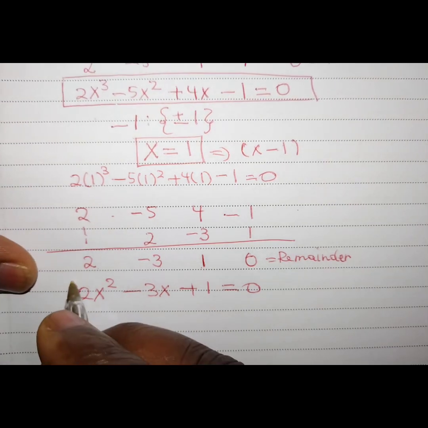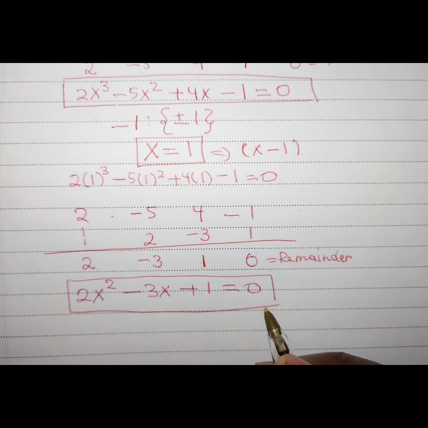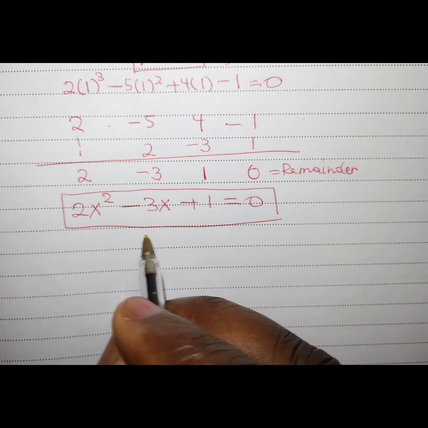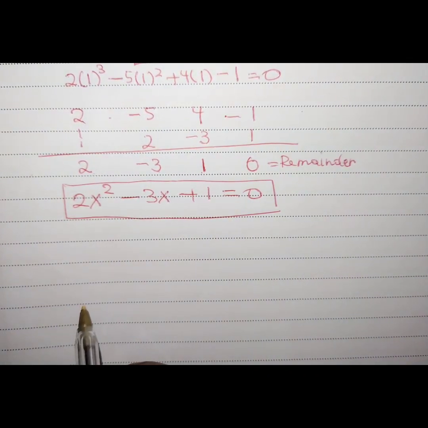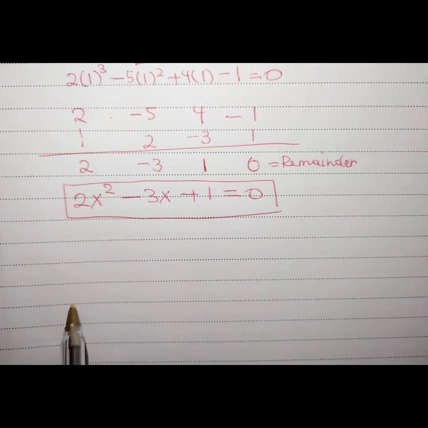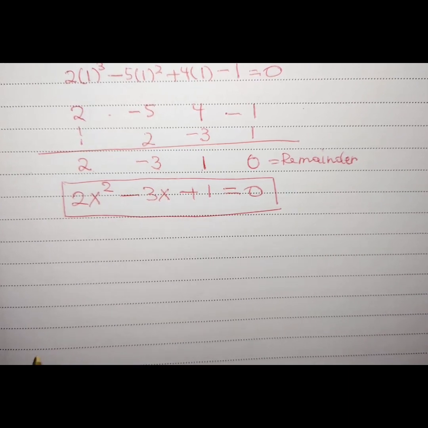Ladies and gentlemen, look at this. We have found here an equation where the highest power of x is 2. This equation here is called a quadratic equation, and it has 2 roots. We are going to find the 2 roots like this.